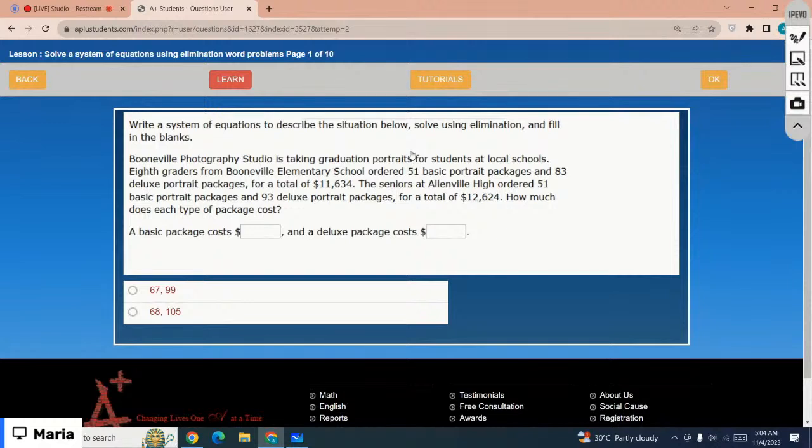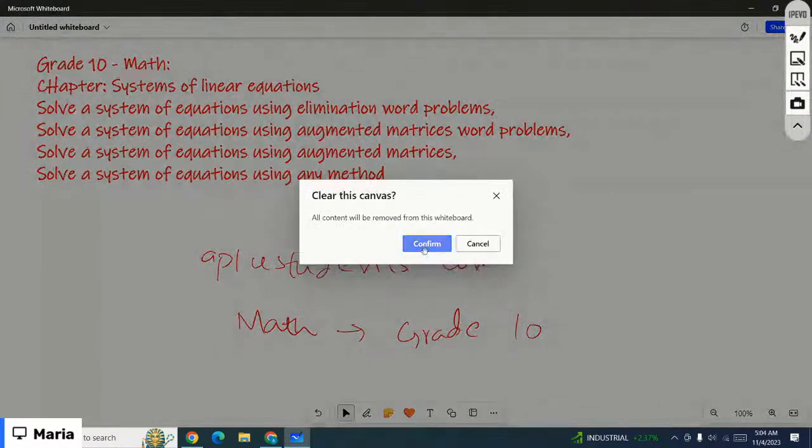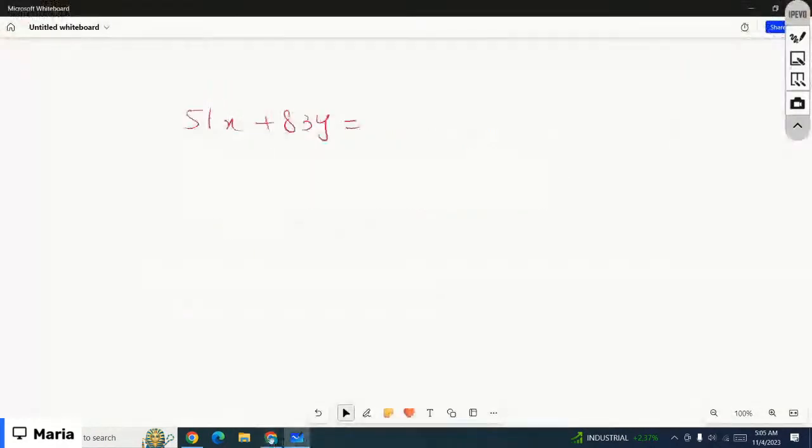So let's just start with the lesson. First, we have to write down the equations, right? So 51 basic portraits and 83 deluxe portraits, so that would be 51x plus 83y equals 11,634. Yes, that is 11,634.